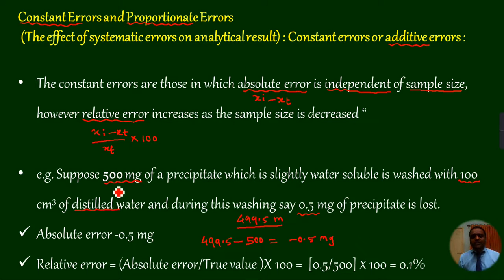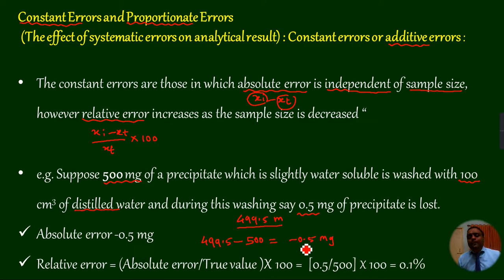Here 500 milligram is xt, and 499.5 is the observed or experimental value. After washing, you are getting 499.5 milligram, so this is your final observed value, and 500 is your true value. So you are getting minus 0.5 mg as an absolute error.